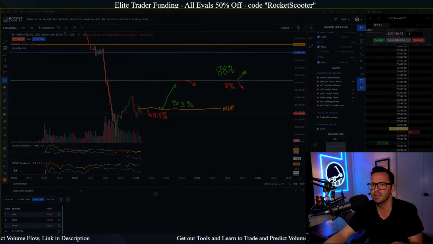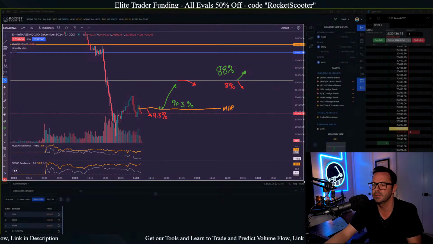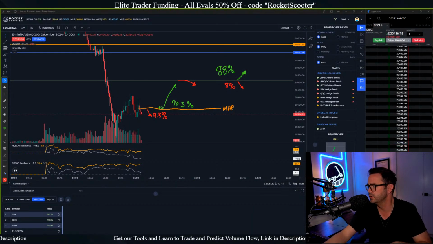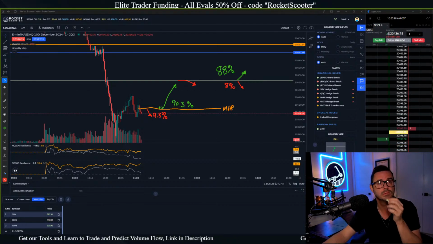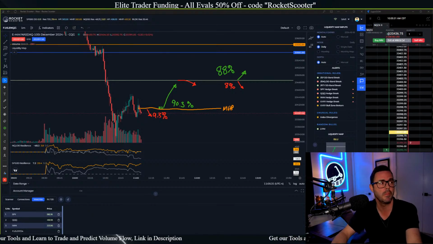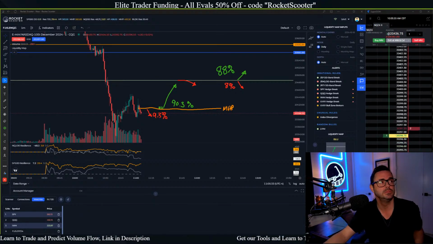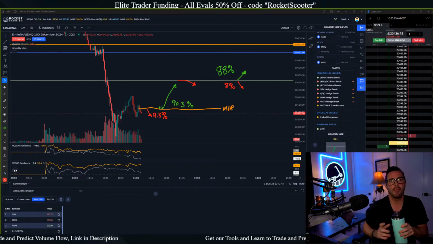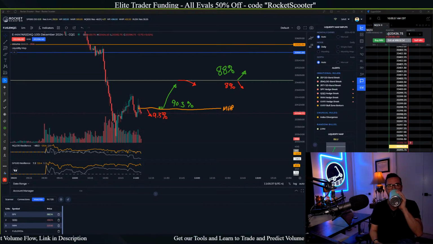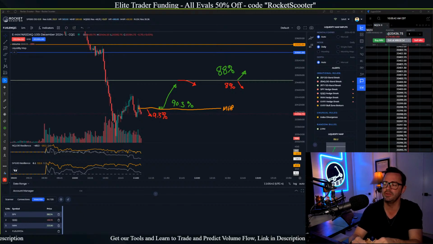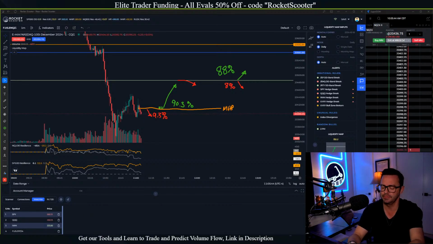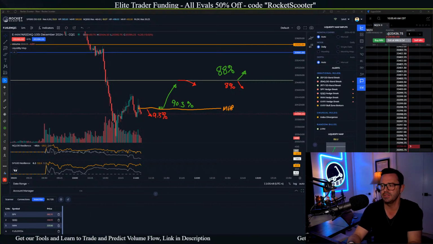About to give up all the gains on this one eval account here. VIX, volatility should have no effect, theoretically, on these percentages.